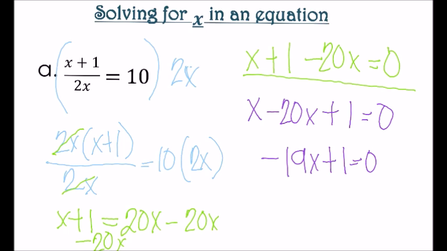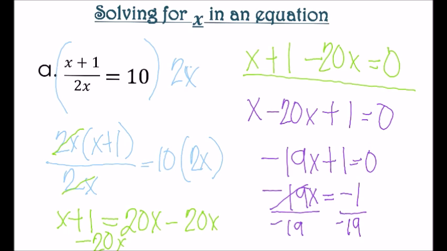Now remember, we're trying to solve for x. So 1, we will transpose it, or again, apply the addition or subtraction property of equality. We will have negative 19x equals negative 1. And then we divide both sides by negative 19, so we eliminate negative 19 on this side of our equation.